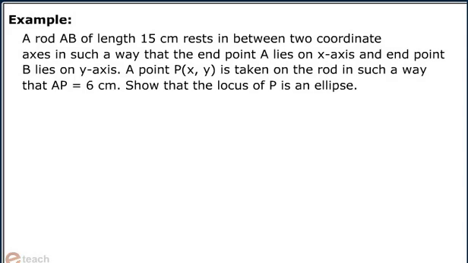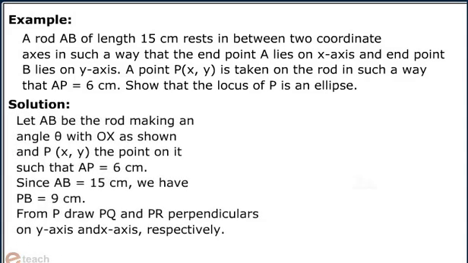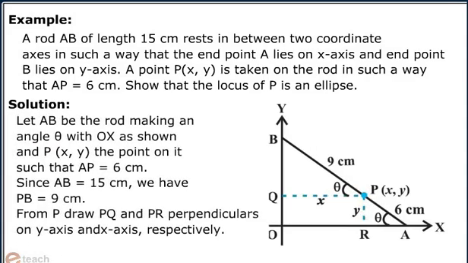Show that the locus of P is an ellipse. Solution: let AB be the rod making an angle theta with OX as shown, and P(x, y) the point on it such that AP = 6 cm. Since AB = 15 cm, we have PB = 9 cm.